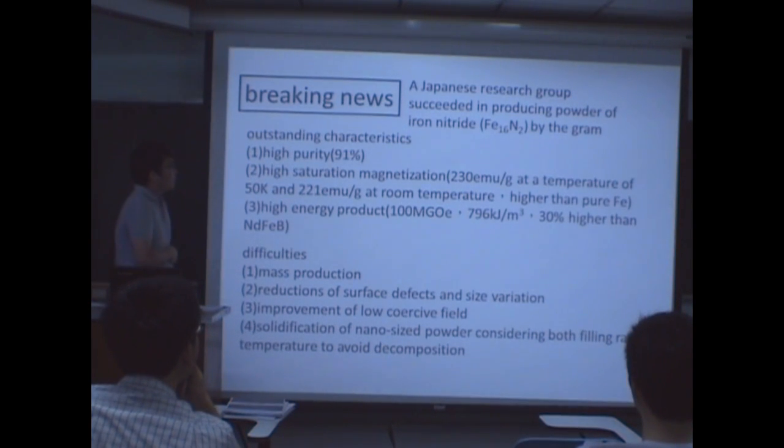Just 3 months ago, there was breaking news reporting about this material. The group reported that the powder they prepared has outstanding characteristics such as high purity, high saturation magnetization, and high energy product.